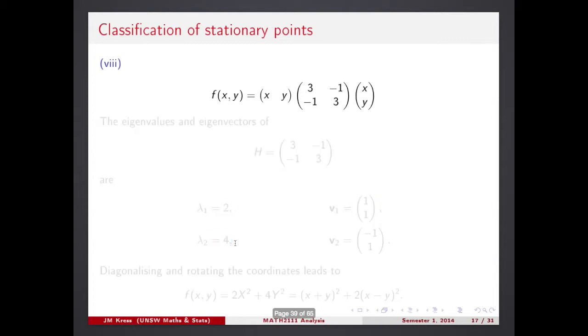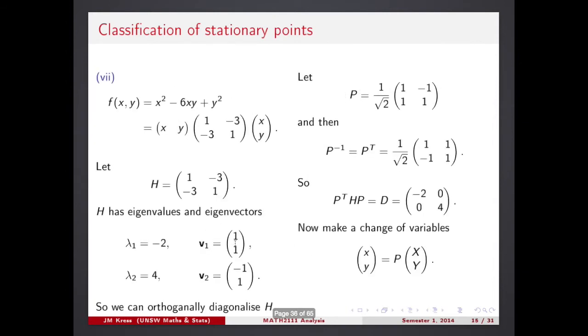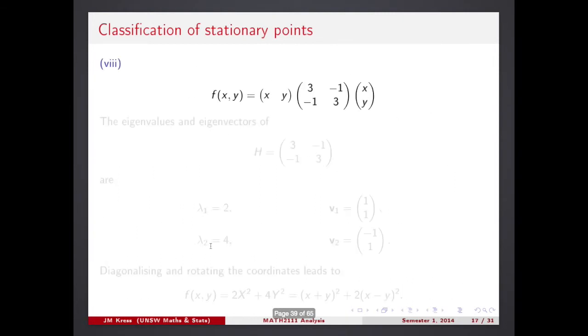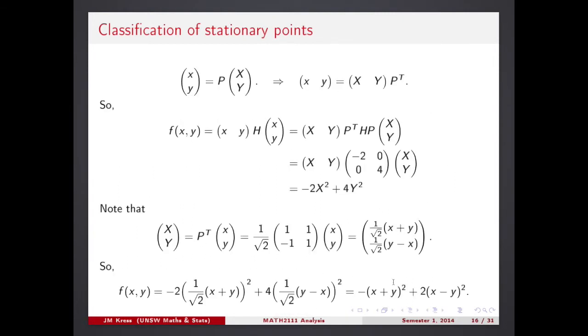Look back at my previous example. The eigenvalues here were -2 and 4, one negative, one positive. When we found these perfect squares, one negative, one positive, it comes from the eigenvalues, because the diagonal values here were the eigenvalues, -2 and 4.